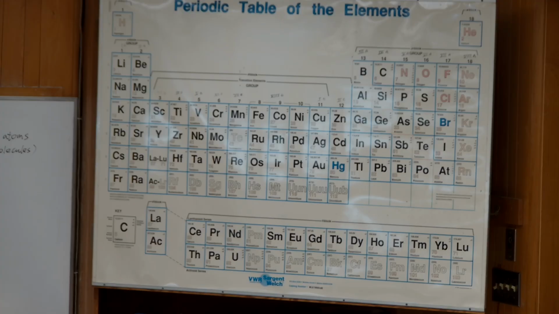This is the definition. Then what is the relationship between these two? The relationship is just a whole number. Let me give you an example. If the molecular formula is C6H12O6, then what is the empirical formula?